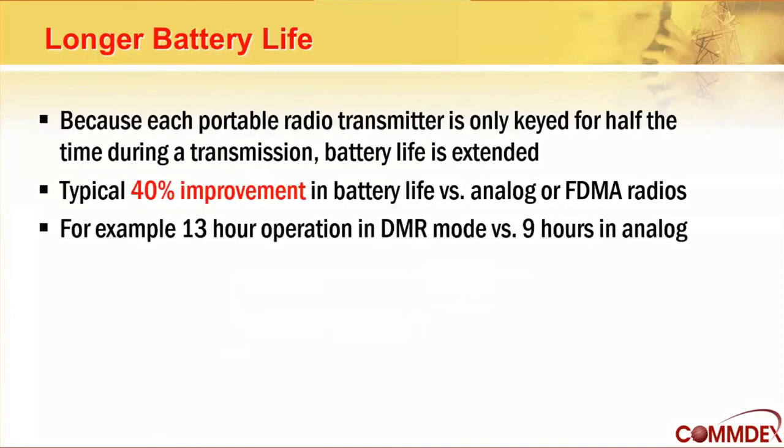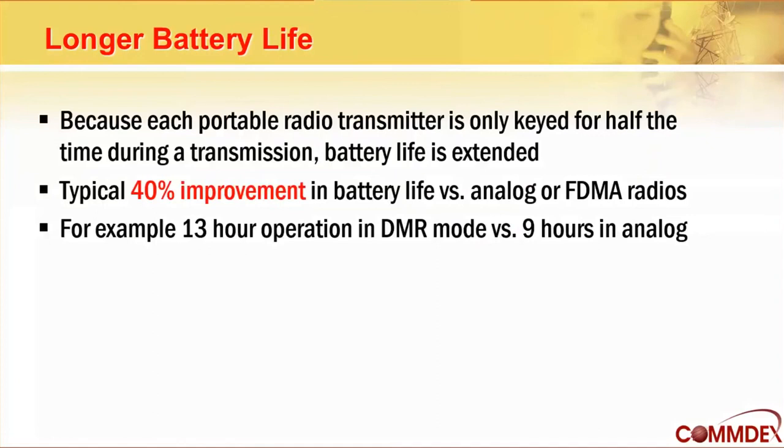One of the features of DMR is that for the portable users, they have improved battery life relative to things like P25. And the reason is when you are using time slots, you're really only transmitting for half the time. So since you're only transmitting half the time, you use almost half the amount of battery.